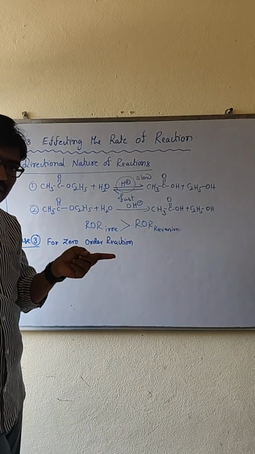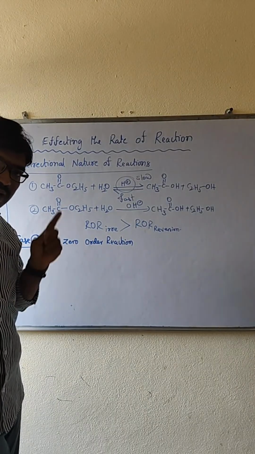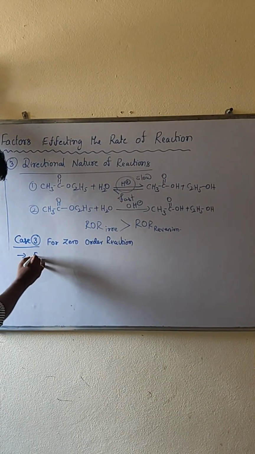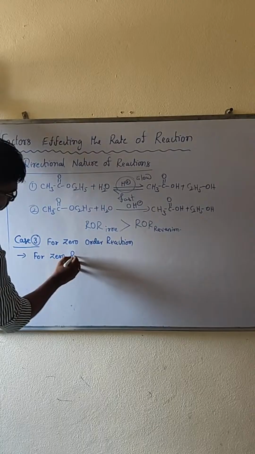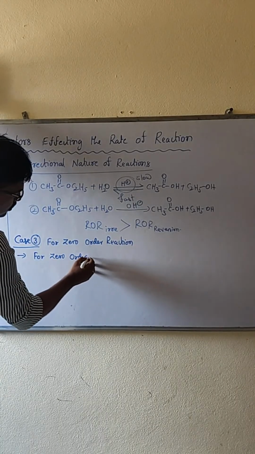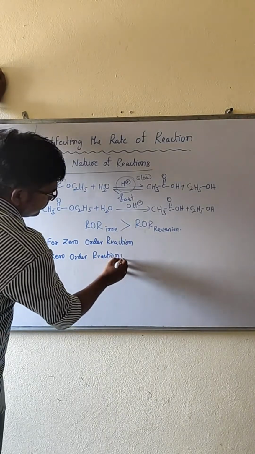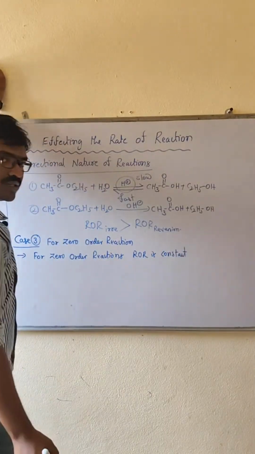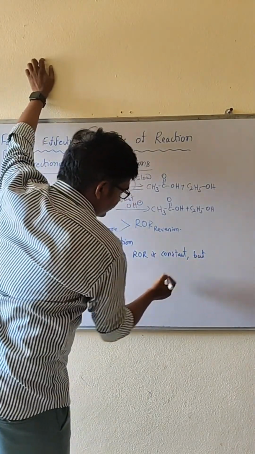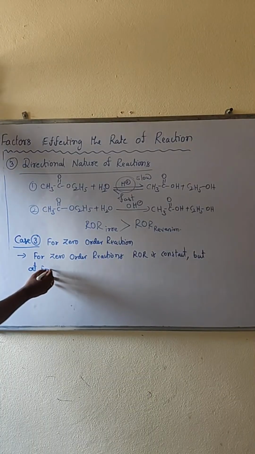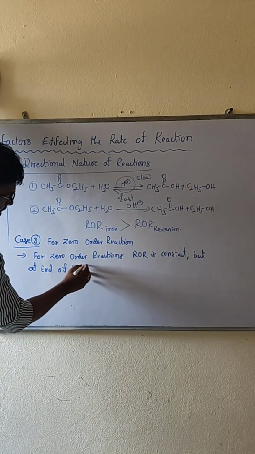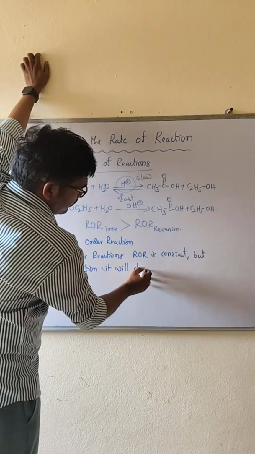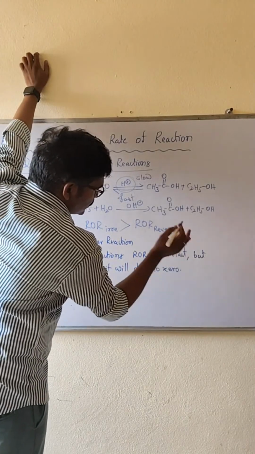Rate of reaction is actually constant for zero order reactions, but at the end of the reaction, it will drop to zero. So note down that point.